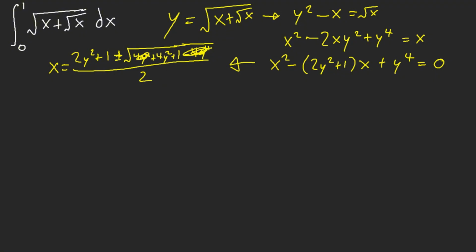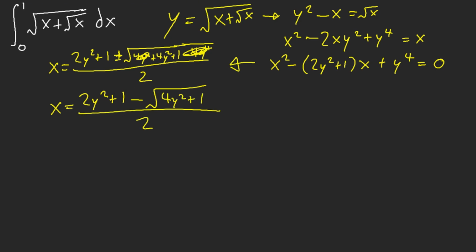So it's not about the intervals that we have. No. Okay, it's about the inverse. So, unfortunately, this is the trap. If you thought it was positive, you would be eliminated. The actual inverse is 2y squared plus 1 minus the square root of 4y squared plus 1, over 2. This is the actual inverse to this function specifically.